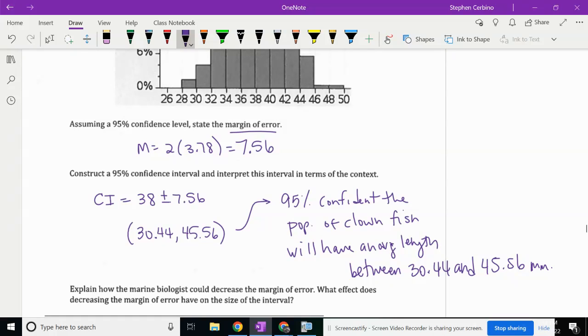I think it was millimeters. So we're 95% confident the true population mean will be between those two numbers.